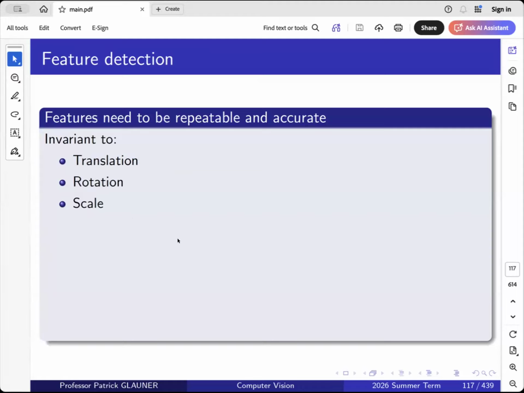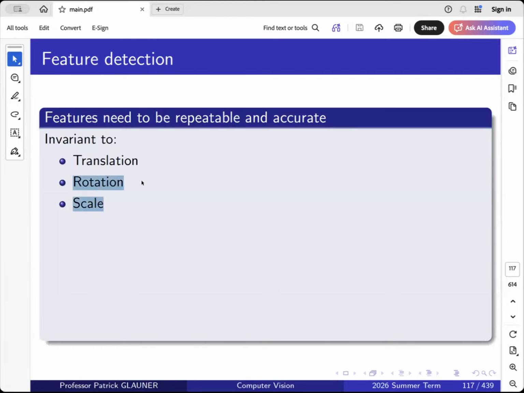If I apply the algorithm to the first image where the object is in the center, I want to find these features in the center. When I move the object to the upper right or somewhere else, I still want to find the features then in the upper right. I don't want to find different features or no features. But it's often not that easy because these feature detectors make a lot of assumptions.